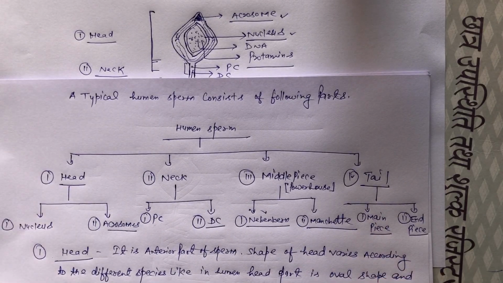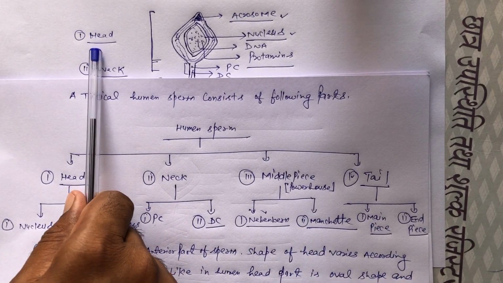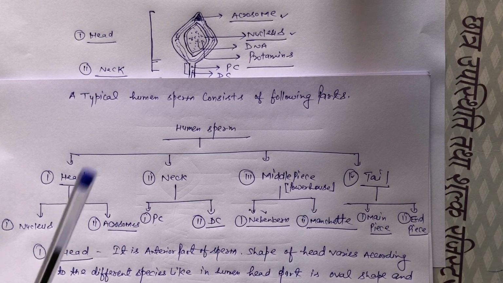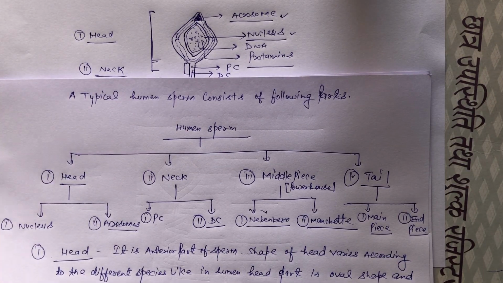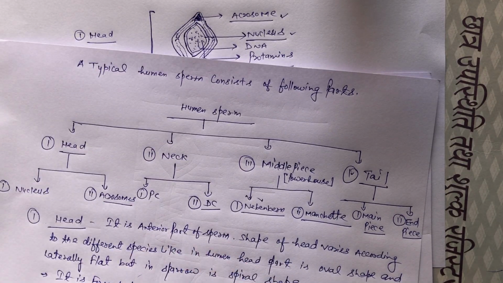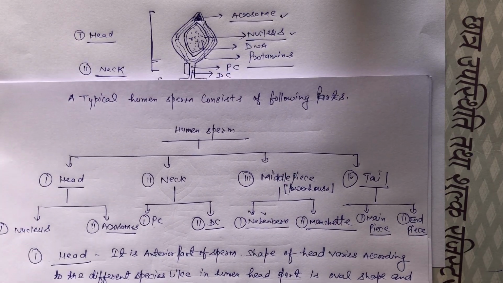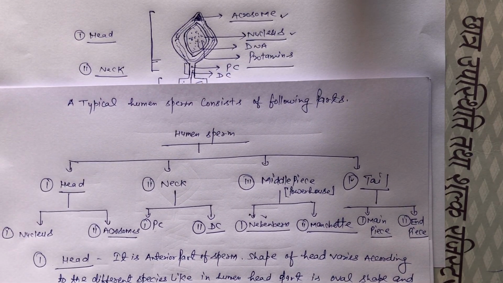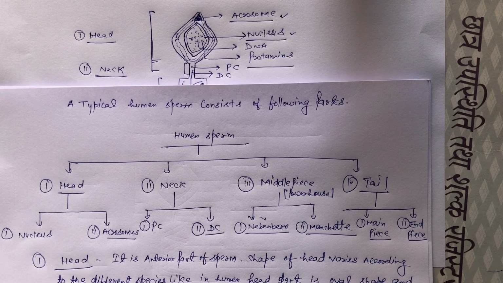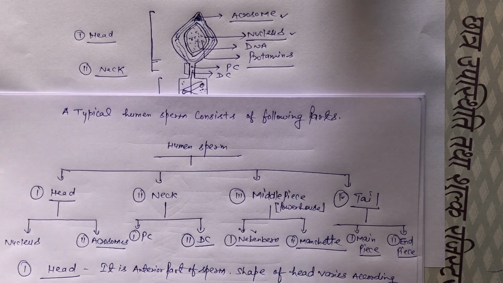Once again, the first part of the sperm is the head. It is the anterior part. The shape of the head varies according to different species. It means in nature, on the earth, different organisms or animals are found.